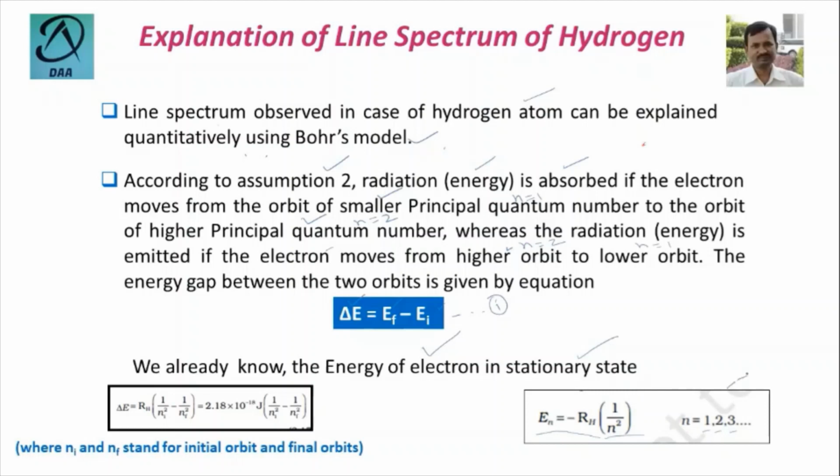If you consider this as equation number 2 and combine equation 1 and equation 2, delta E is equal to RH multiplied by 1 by Ni square minus 1 by Nf square. This RH is the Rydberg constant for hydrogen, and its value is fixed: 2.18 multiplied by 10 to the minus 18 joule.